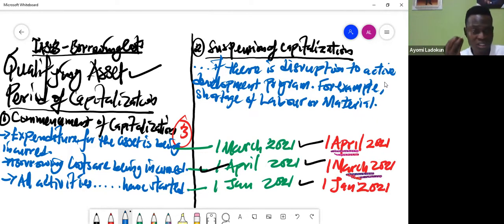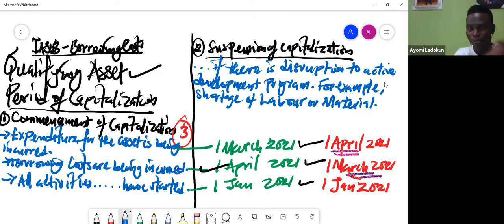Borrowing costs shall be suspended if there is disruption to active development program, for example no labor, industrial strike, COVID-19, lockdown, and all of that. For that period, you will not capitalize borrowing costs. But if that disruption is necessary to get the asset ready for its intended use or sale, then borrowing costs shall not be suspended.